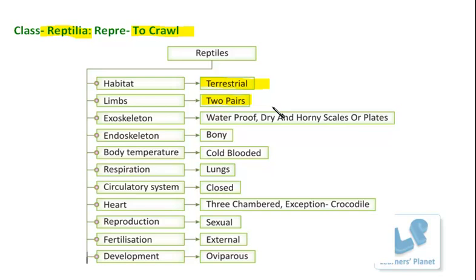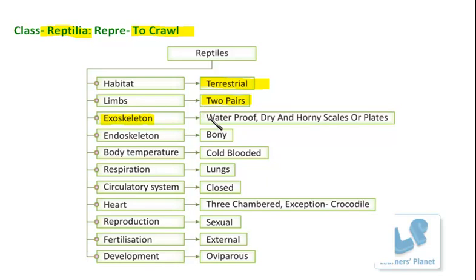The limbs were modified over there for the purpose of jumping, or for swimming. But in this case, as they have to crawl over the land or over the surface, they are modified accordingly. In these organisms, the exoskeleton is present. In amphibians it was absent, isn't it? But here it is present.